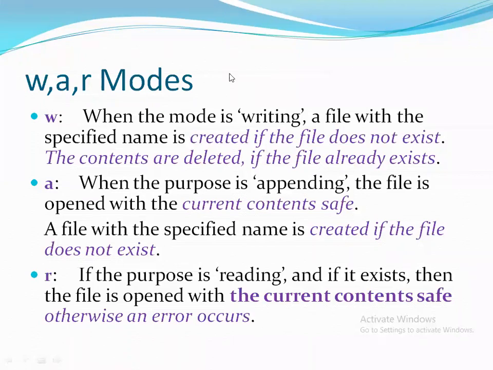If the specified file is not available in your hard disk or file system, then a new file is created with the specified name, and the entire information is stored into that file. That is the first one.